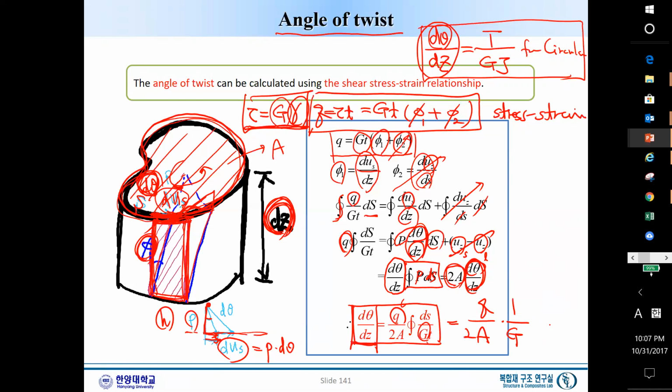So we can say this t is uniform and just the integration of ds. What does the integration of ds mean? It means the length along this thin wall periphery. Okay, so this one is the result.